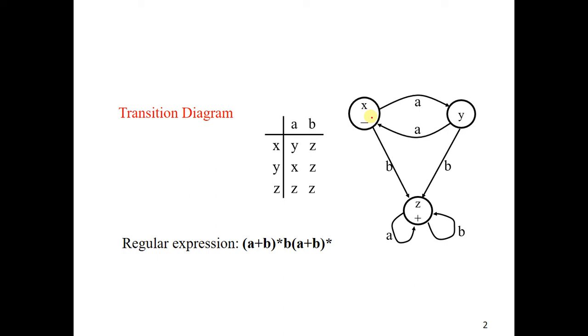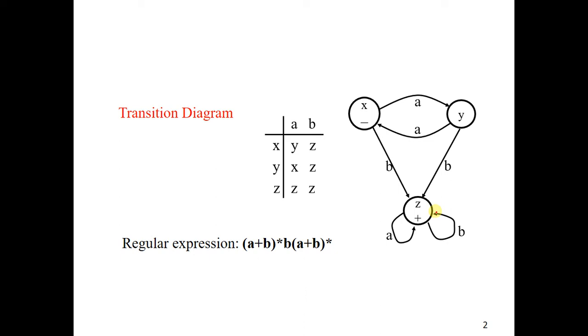Here we have just two letters, A and B, so we will find the path for A as well as for B at this state. Similarly, at state Y we will find the path for letter A and letter B, and in the same way for this state we will find the path for A and B. So at each state you will find the path for each possible letter in that language.